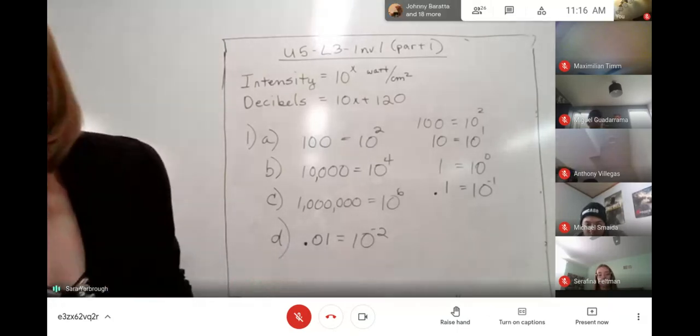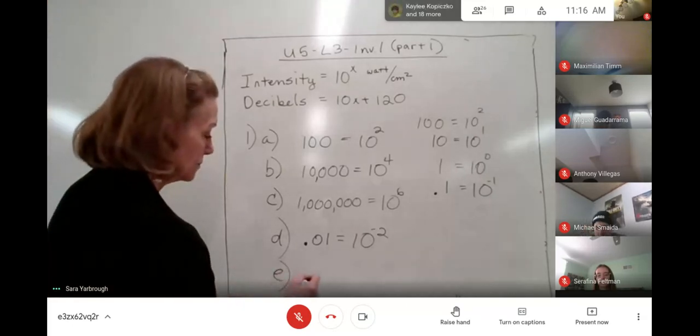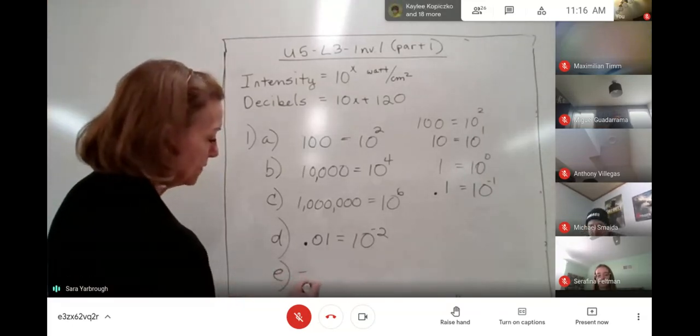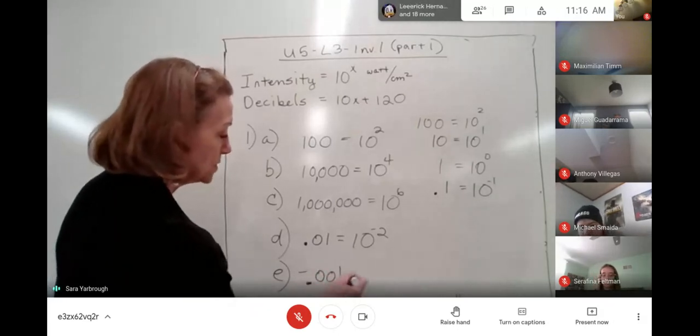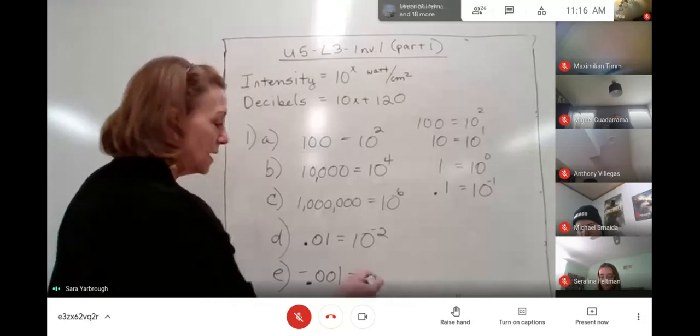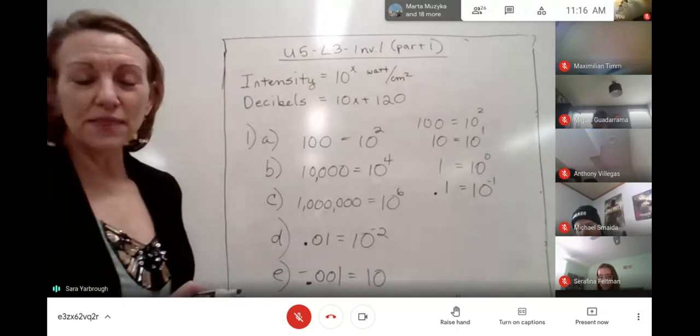All right. So now E, be careful now. -0.001. Okay. 10 to the what power? Now think about this.